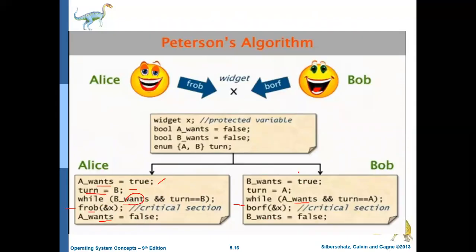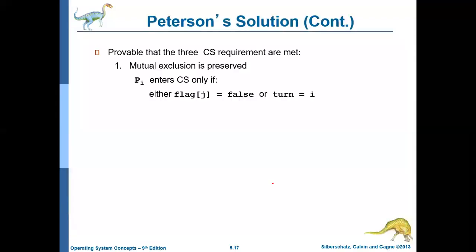So if Bob wants to access the critical section, then first Alice will access, then Bob, then Alice, and then Bob. By that it ensures progress. Similarly, it also ensures bounded wait.